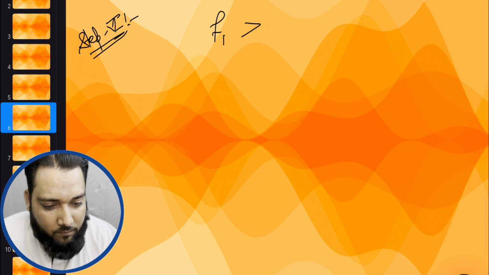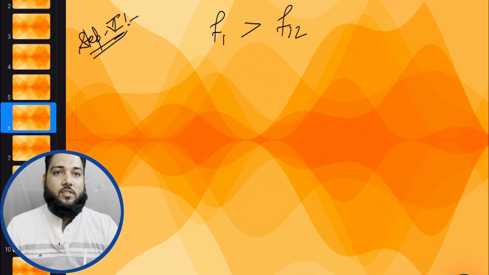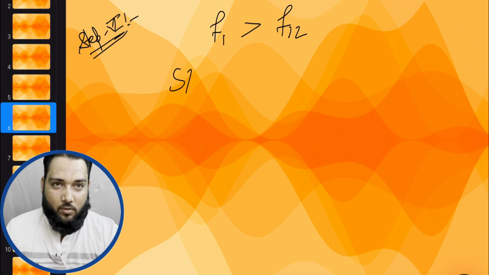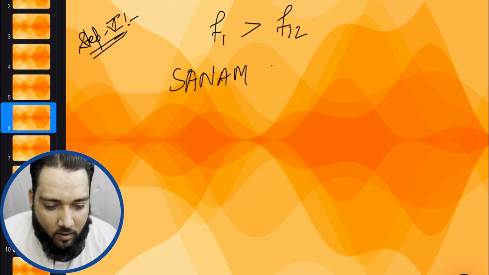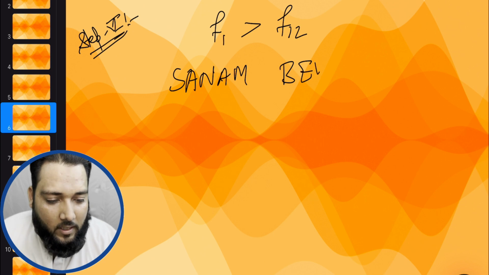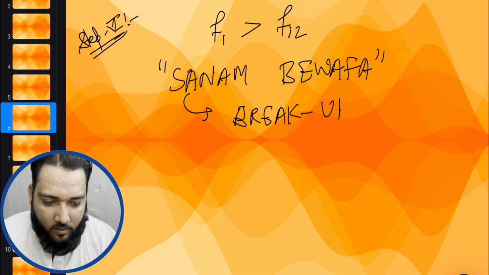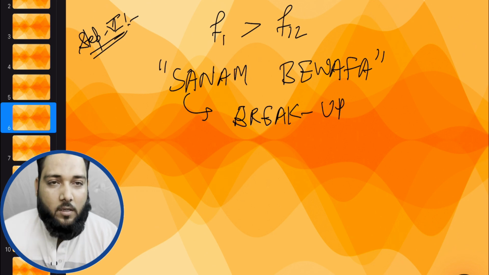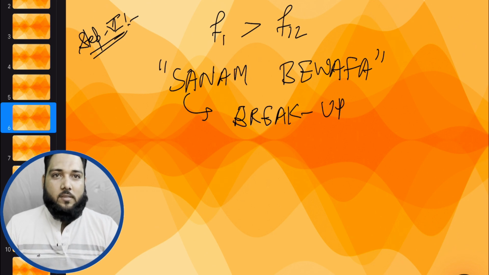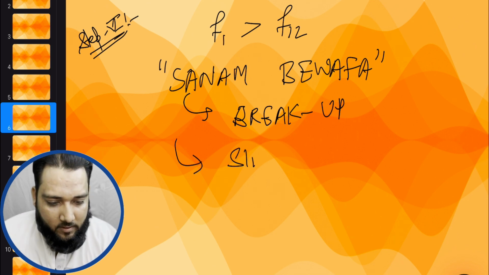So if friction is coming greater than FL1, friction अपनी औकात से बाहर. This step is called Sanam Bewafa. What is the meaning of this? Breakup. First love, then breakup. What is the meaning of breakup? It means the sliding is started.